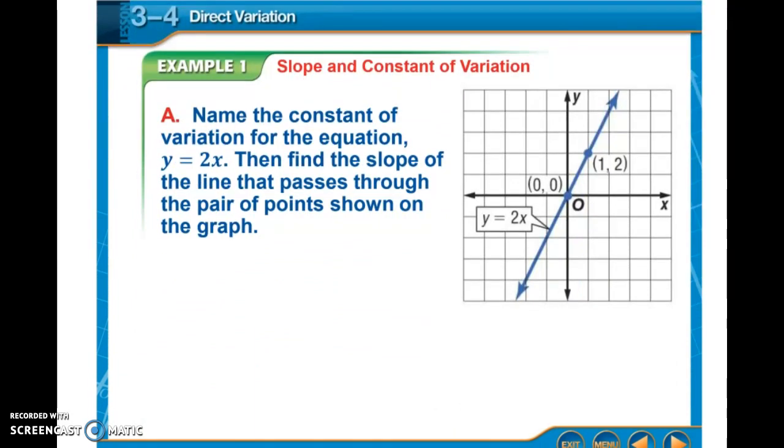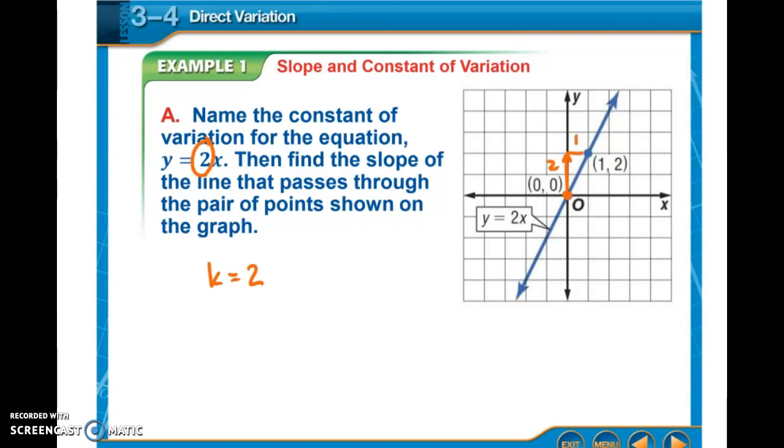So slope. Here's an equation with a graph of y equals 2x. And if you look at this, the constant of variation is the number in front of the x, so k equals 2. The slope of this line, they gave us 2 points on here. If you use rise over run, start at the left point and go up 2.